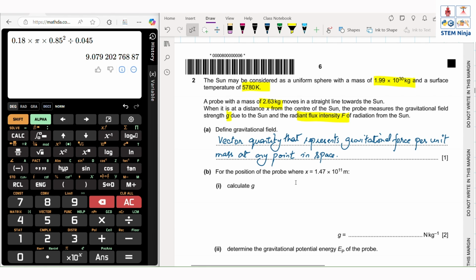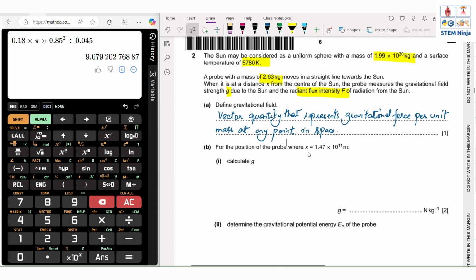For the position of the probe where x is equal to this, calculate g. So g is, we know, found by GM over R squared. Since this is center to center distance, we can use that.